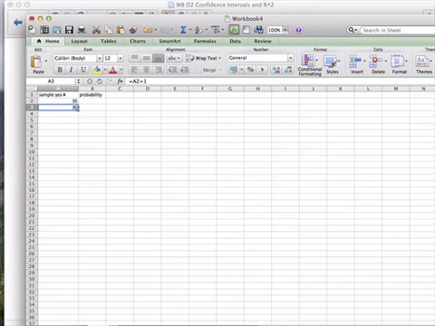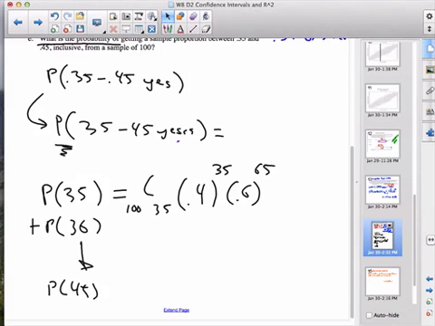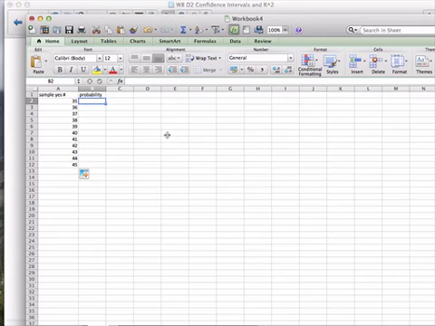And then we can drag the lower right-hand corner down until it says 45. So now there are my sample yeses. Now I've got the formula for the probability of 35 right here. I can use Excel to do this for me.